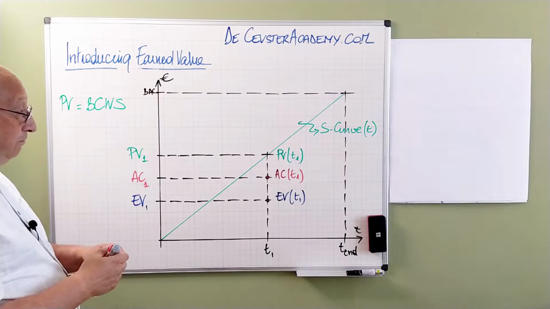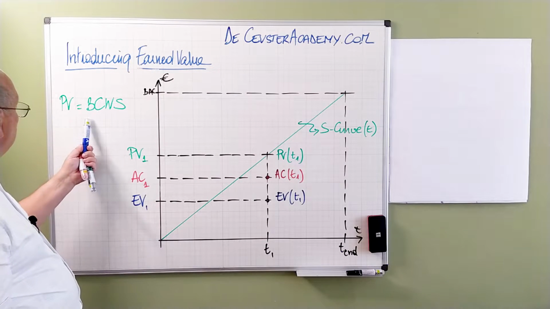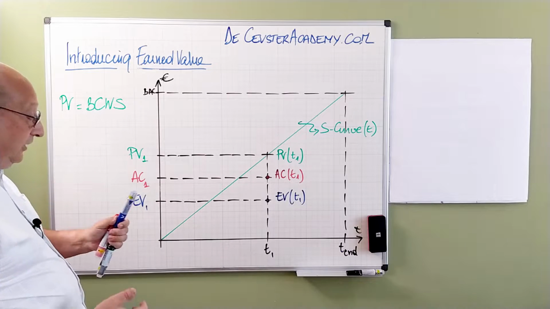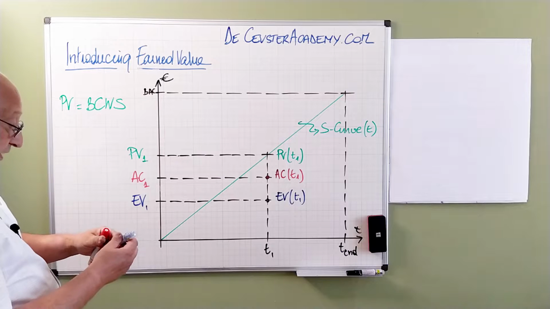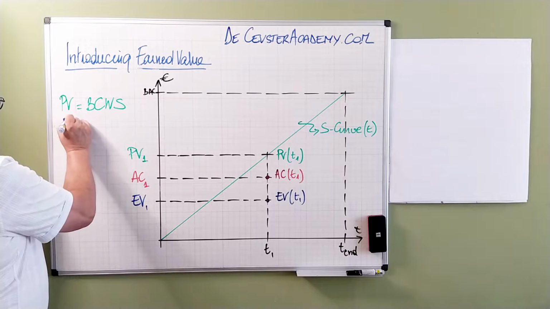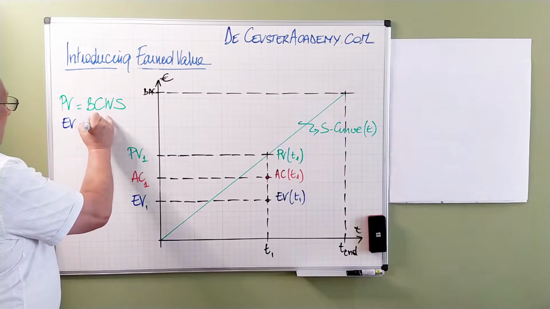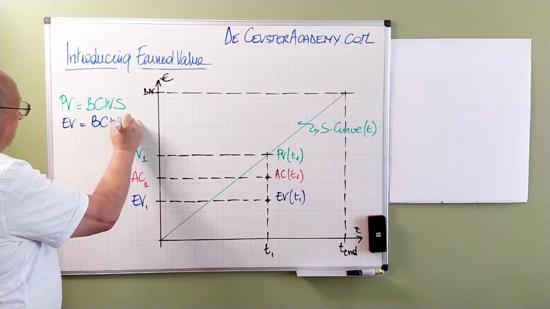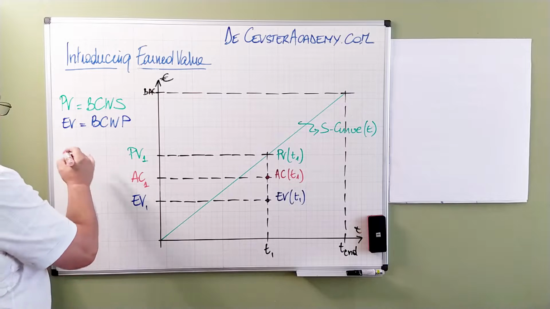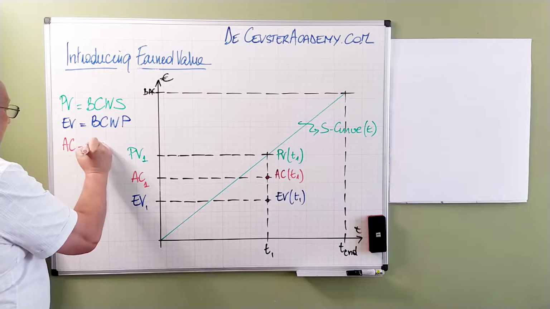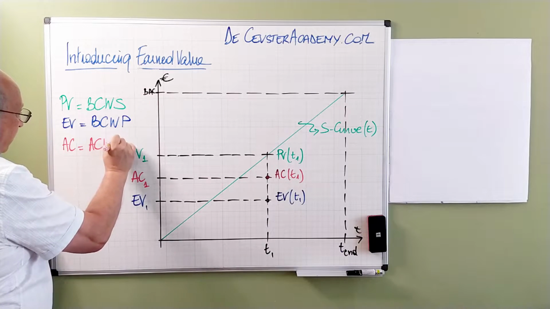Then earned value itself, EV, was named budgeted cost of work performed. And last but not least, the actual cost was the actual cost of work performed.